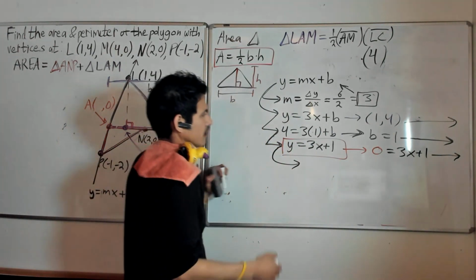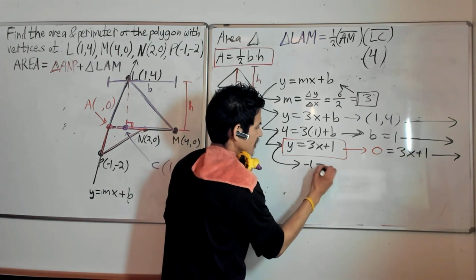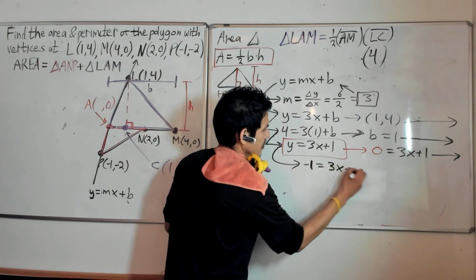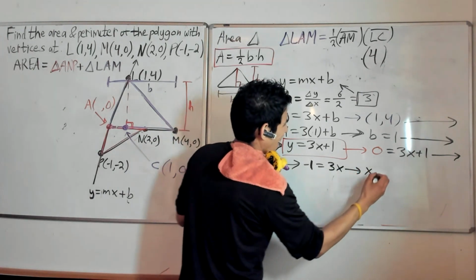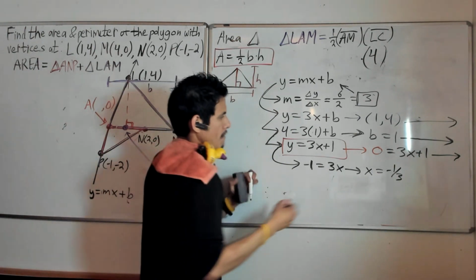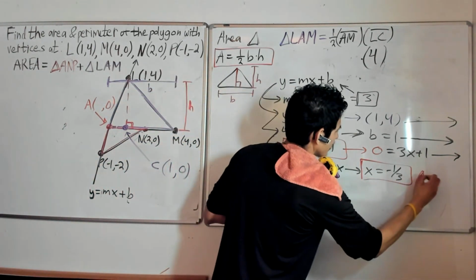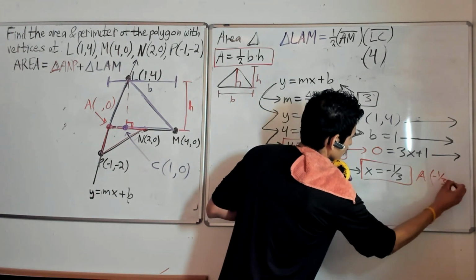I don't know why I didn't write here. I'll draw something there. So 3x plus 1, so then negative 1 equals 3x. X will be negative 1/3. So then point A is going to be at negative 1/3 comma 0.